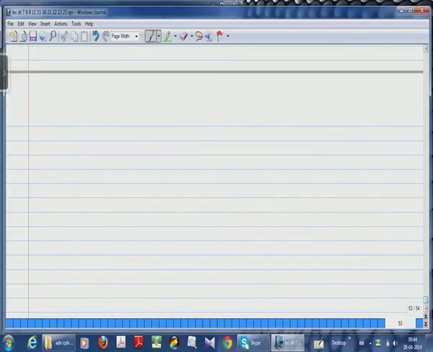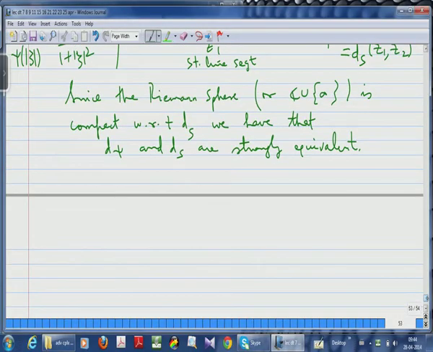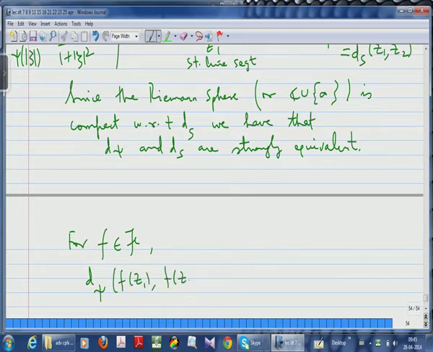Now you look at the following thing. If you calculate for small f in script F, under the new metric d sub psi, if I calculate d psi of f(z1), f(z2), what will I get?